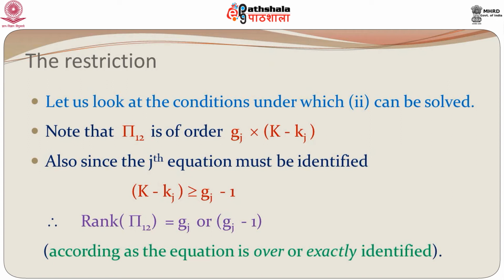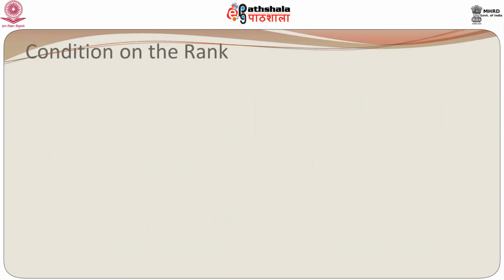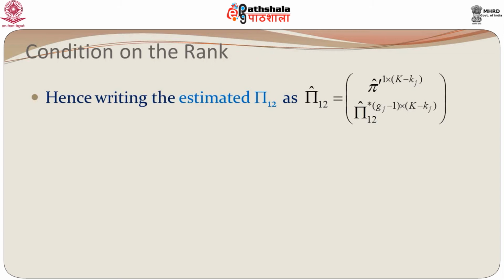So, we have a rank condition. Now, let us look at this condition on the rank. Let us write pi 1 2 hat as a vector pi hat, which is a k minus k j dimensional vector, the first row of pi 1 2 hat, and the remaining g j minus 1 rows of pi 1 2 hat we will now call pi 1 2 hat star.